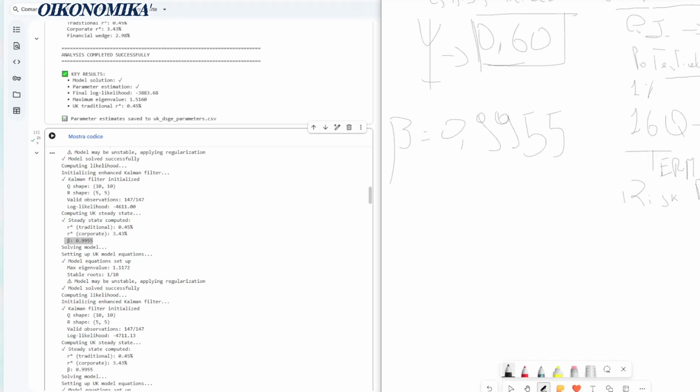No, not so much, because what this parameter defines is the consumer behavior. So it means that consumers in the UK value immediate consumption. They have an attitude of valuing immediate consumption compared to saving.